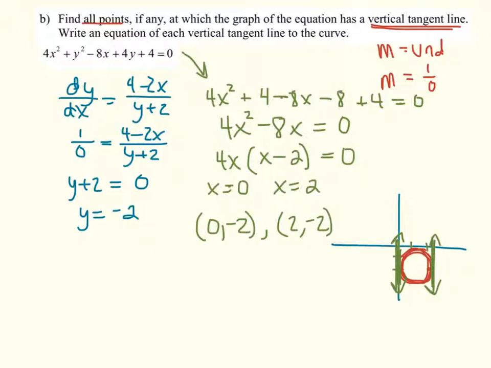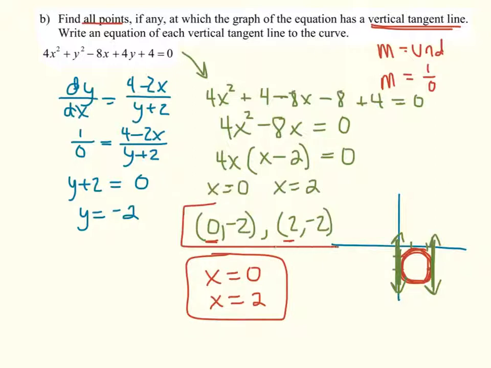The equations of these lines that we just drew: we know that vertical lines with undefined slopes have equations that start with x equals. So what are the x values of these points? x equals 0, x equals 2. So there are the equations of the vertical tangent lines, and here were the points for which the graph was tangent to those lines. All right, moving on.